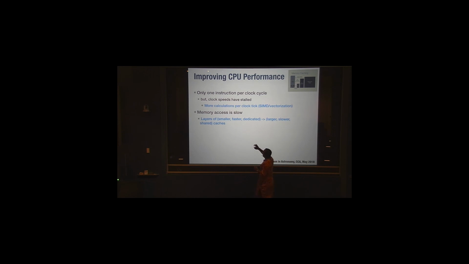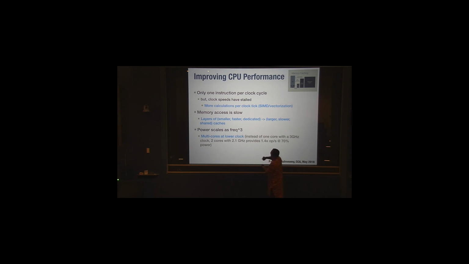So between your memory and your CPU, they have designed smaller but faster memory, called cache. And the hardware will try to get the data to your CPU as fast as it can.